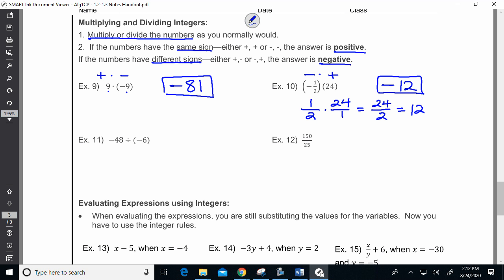Let's finish the last 2 examples. Negative divided by a negative is positive. So then 48 divided by 6 is 8. Again, remember, the 8's not attached to anything, so you don't need to put the plus sign.